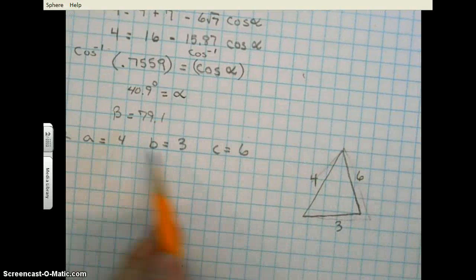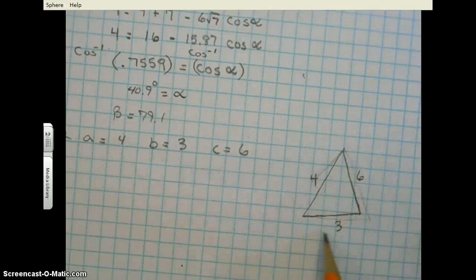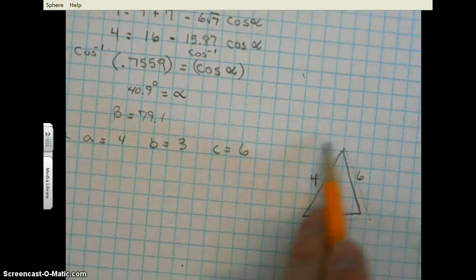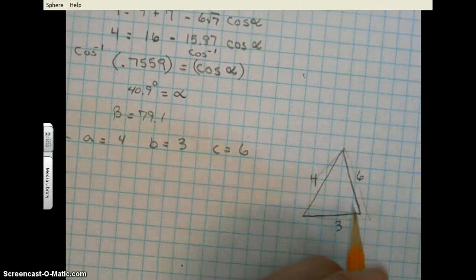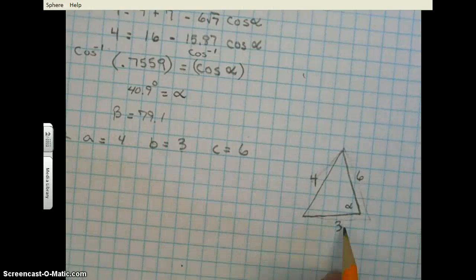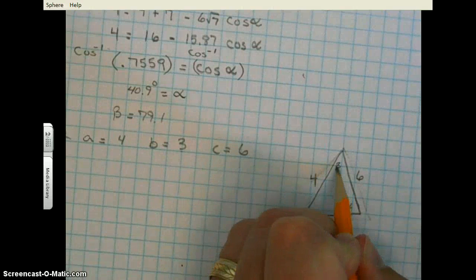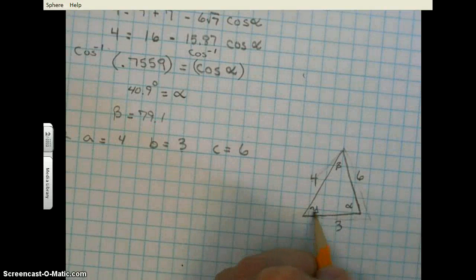So we're given 3 consecutive sides, so I was trying to draw my triangle. Not very good, so not drawn to scale, obviously. So if A is 4, that gives me alpha here. If B is 3, that gives me beta here. And if C is 6, that gives me gamma here.